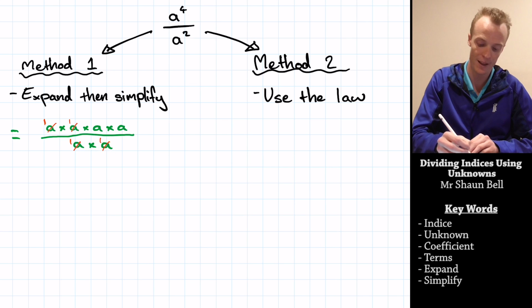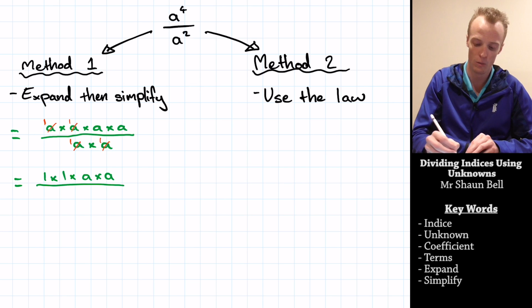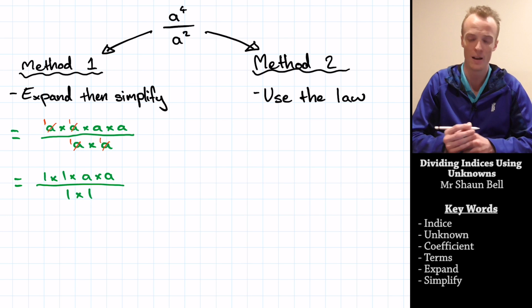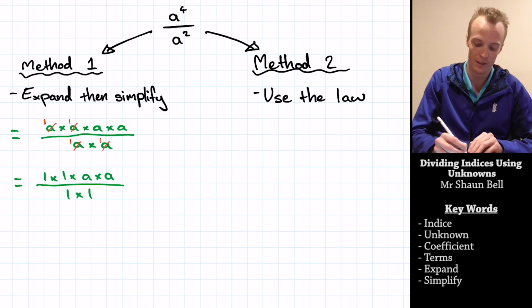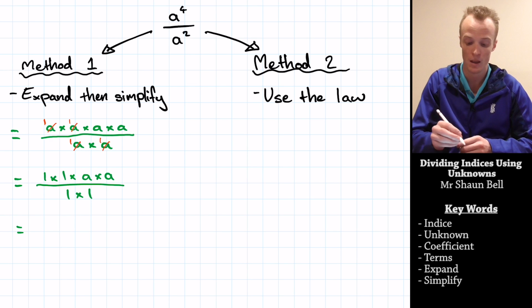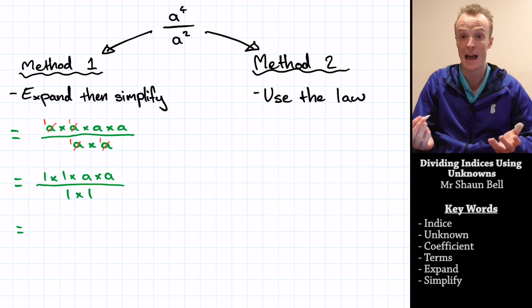So when we simplify that step on the second line here, it's going to be 1 times a times a all over 1 times 1. Okay, so what is anything times 1? Well, it is what it is. So this is going to be equal to 1 times 1, which will be 1. 1 times a, which is a.